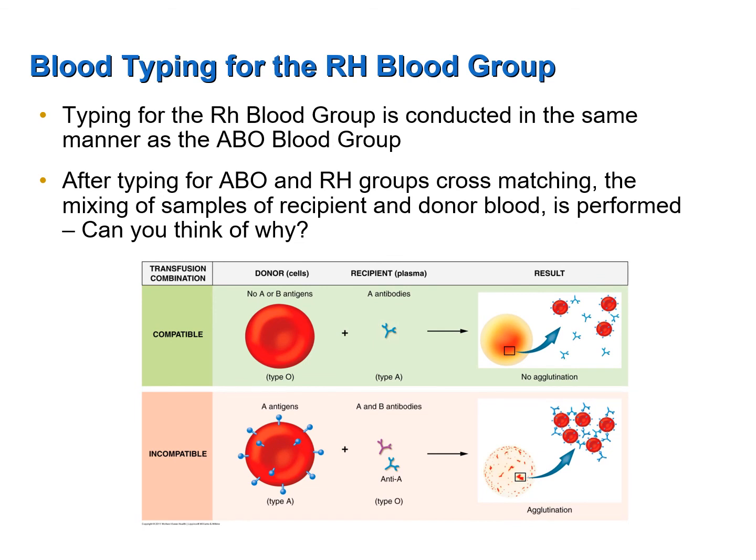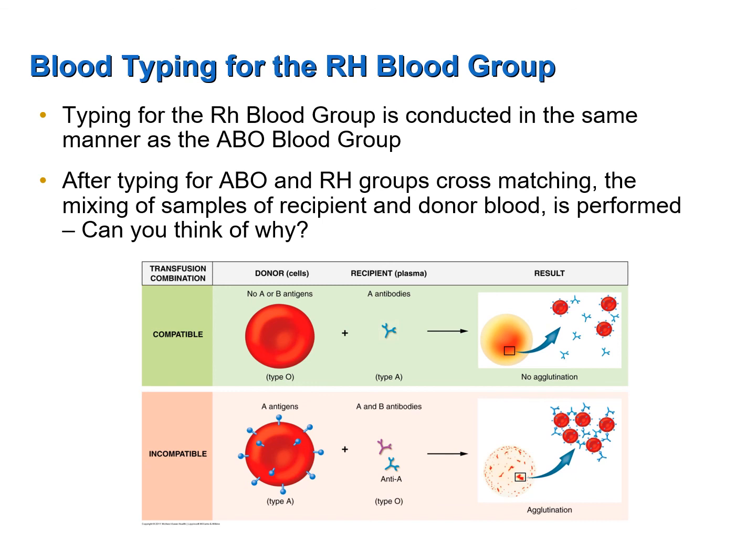If we don't get agglutination, we conclude the two blood types are compatible. If we do get agglutination, we conclude that the two blood samples are incompatible and we'll have to look for another donor.